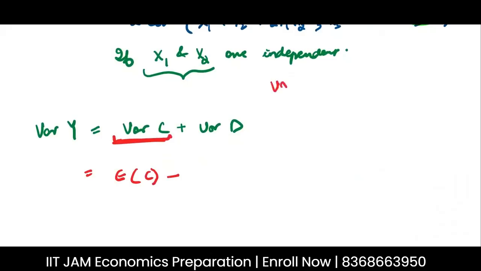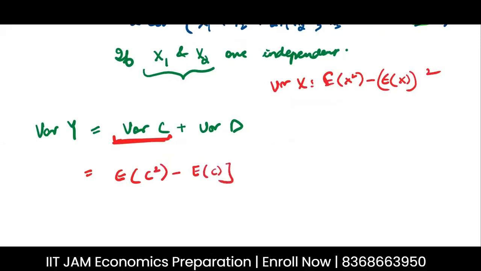Variance of X can be written as E of X square minus E of X whole square. So the variance of C would be E of C square minus E of C whole square, plus E of D square minus E of D whole square.